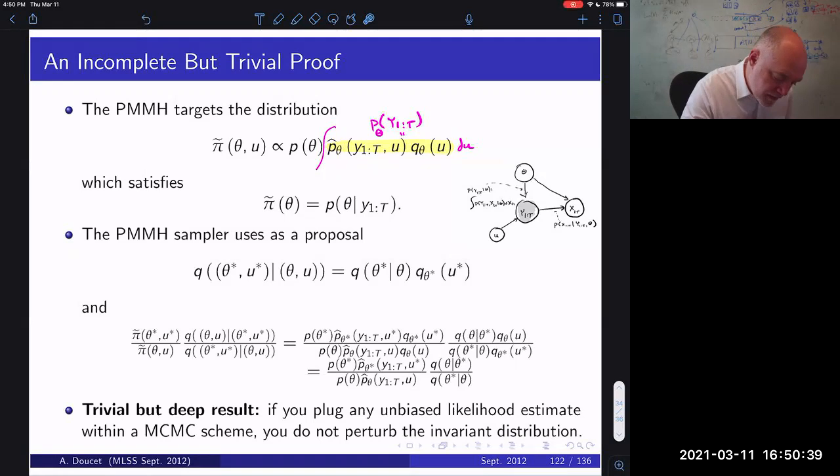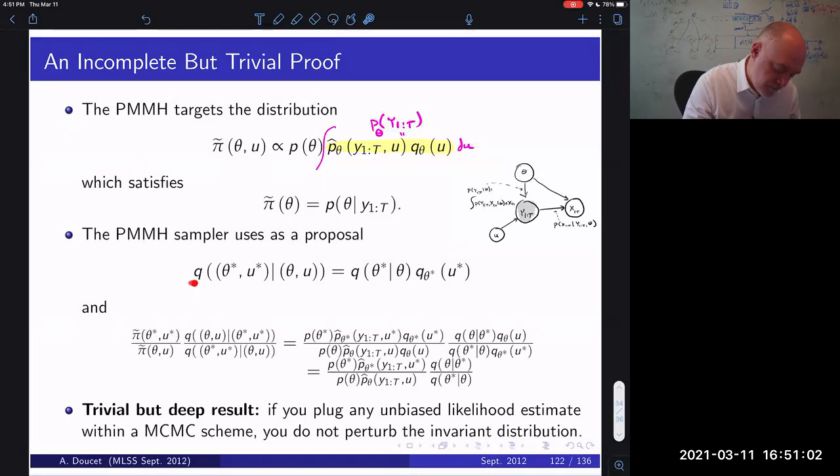So we know that this thing is proportional to the posterior. That's totally fine, which means that we can do Metropolis Hastings using this SMC estimator of the marginal probability.